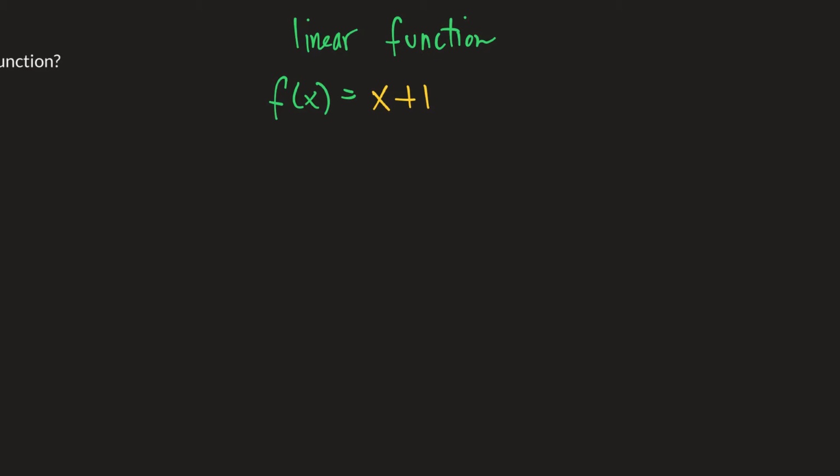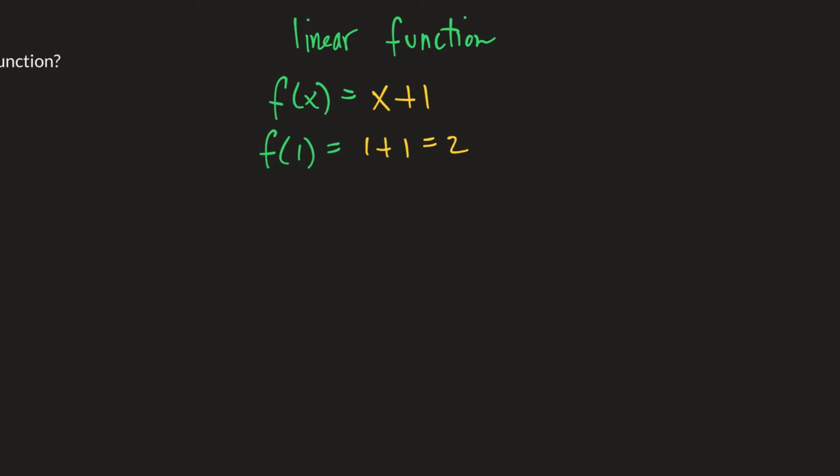So what is f of 1? That means it would be 1 plus 1, because wherever the x is, I substitute. 1 goes in for x, and that is equal to 2.